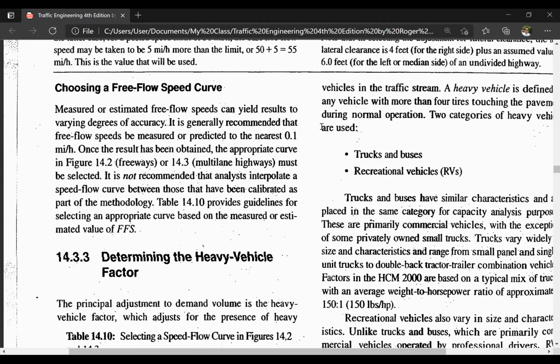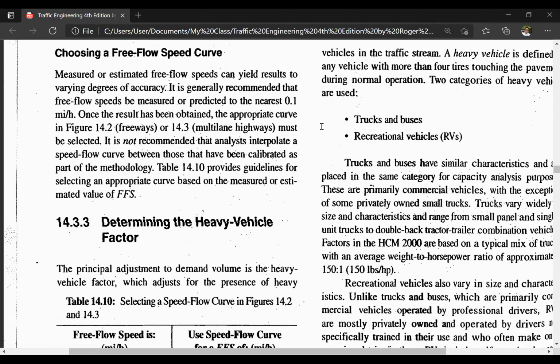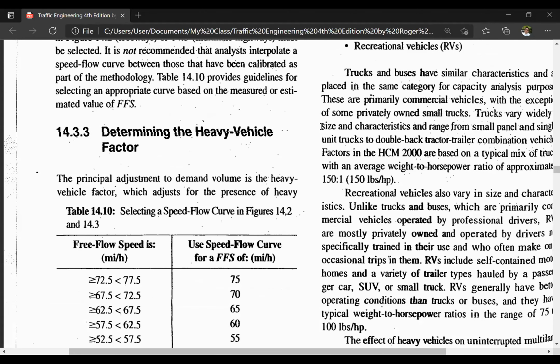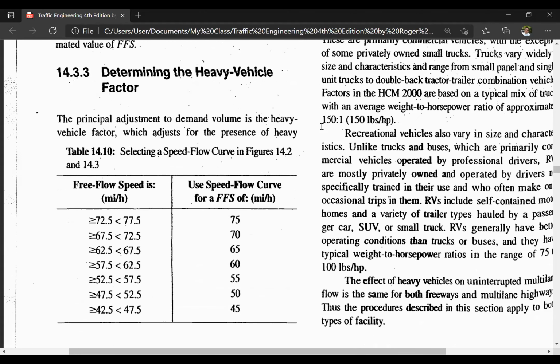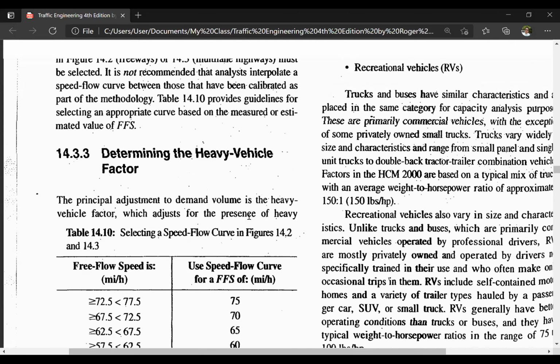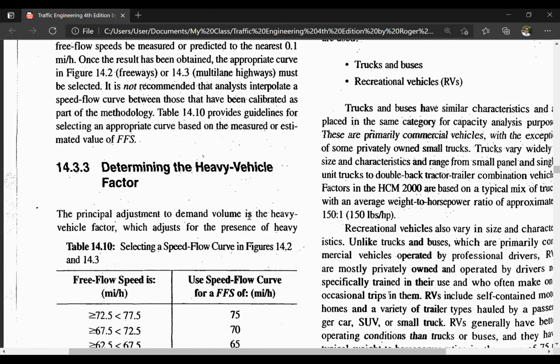It's not recommended that analysts interpolate a free flow speed curve between those that have been calibrated as part of the methodology. So if the free flow speed you calculated falls into this category, select the curve according to figure 14.2 and 14.3.